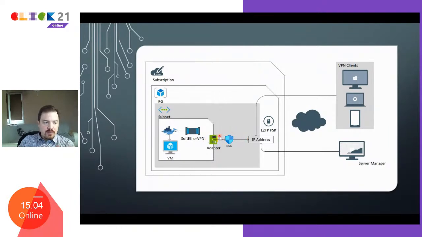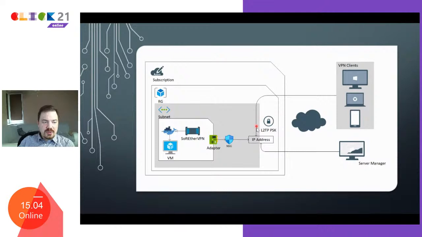Also, we would create a network security group, which in our case would work as a firewall for our VPN server. We're going to open a particular number of ports and block everything else.